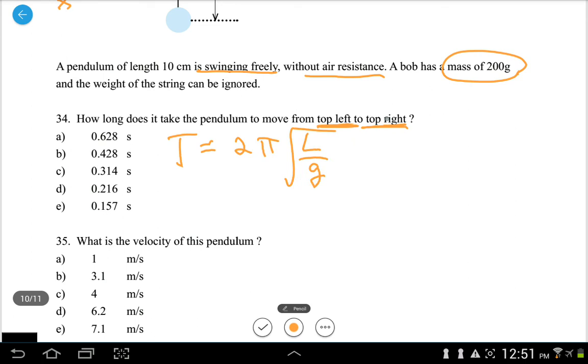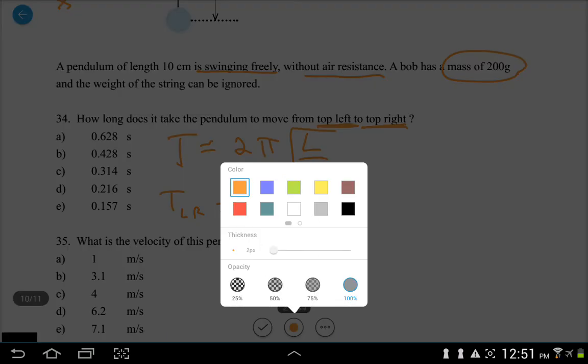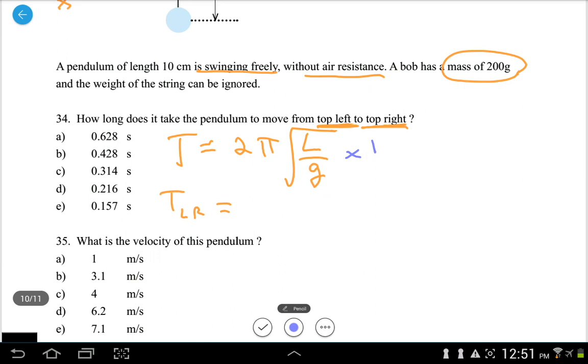Now I want left to right, so I want T_LR. So I will times this by half. If you half this, the 2 and this 2 cancel. You're left with pi root of L over g. Now the value for L that I have is 10 cm. 10 cm is 10 times centimeter, which is 10 to the negative 2, divided by g, g is 10.